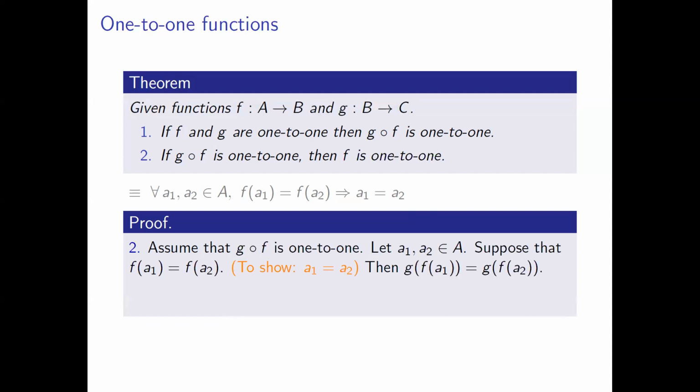Since f of a1 and f of a2 are equal, their images under g are also equal. That is, g of f of a1 equals g of f of a2.